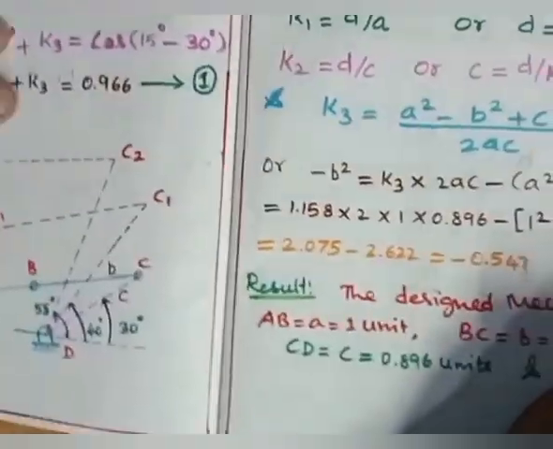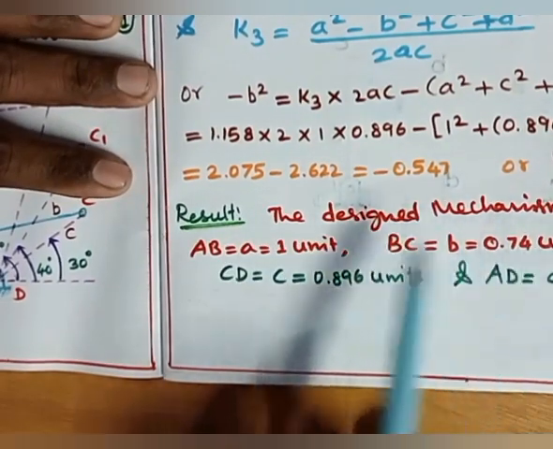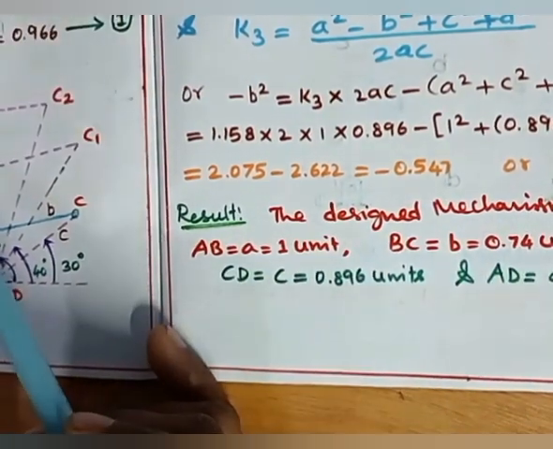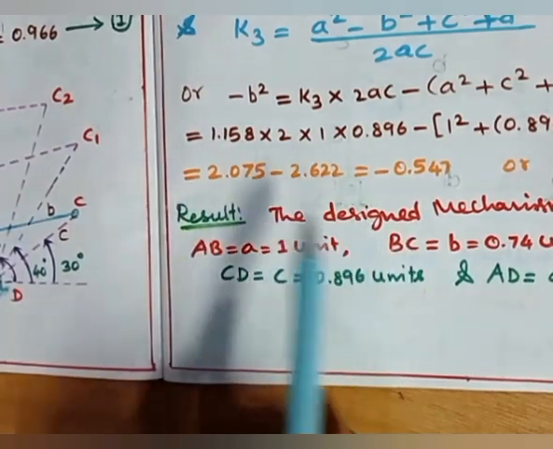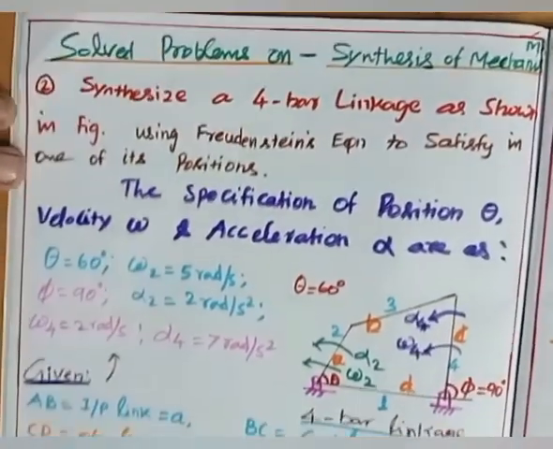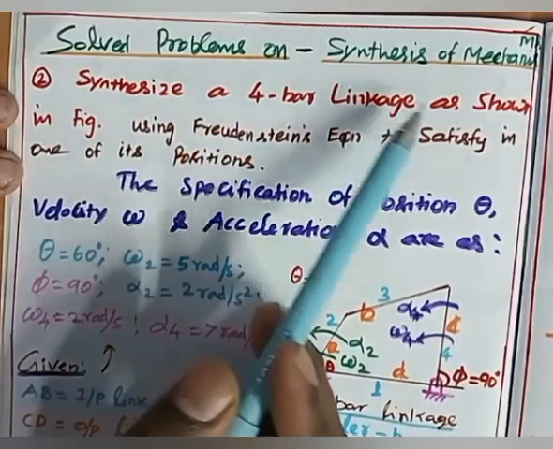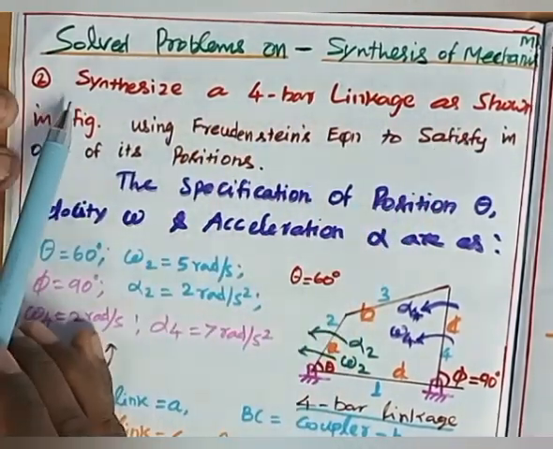Finally we found the result for the designed mechanism, the various links, crank, coupler and so on. Today we are going to discuss another problem, solved problems on synthesis of mechanism.